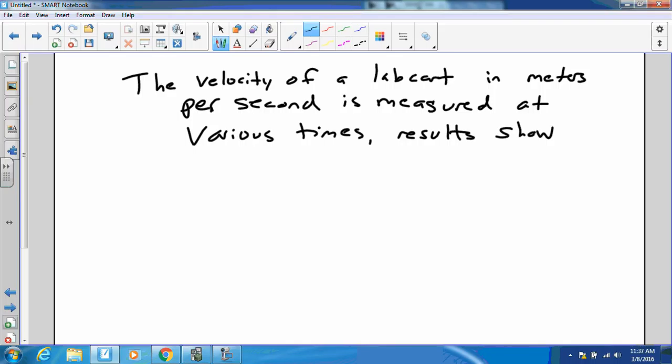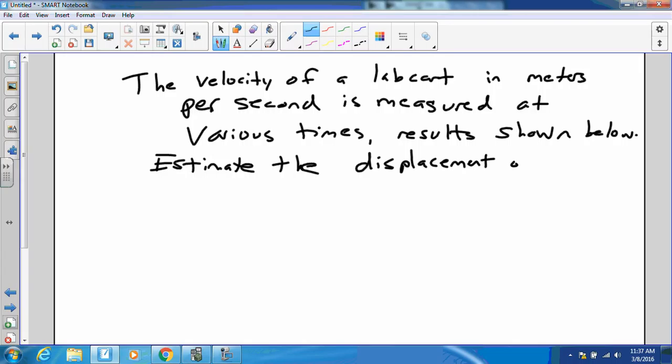The results are shown below. Estimate the displacement of the cart using 4 trapezoids.